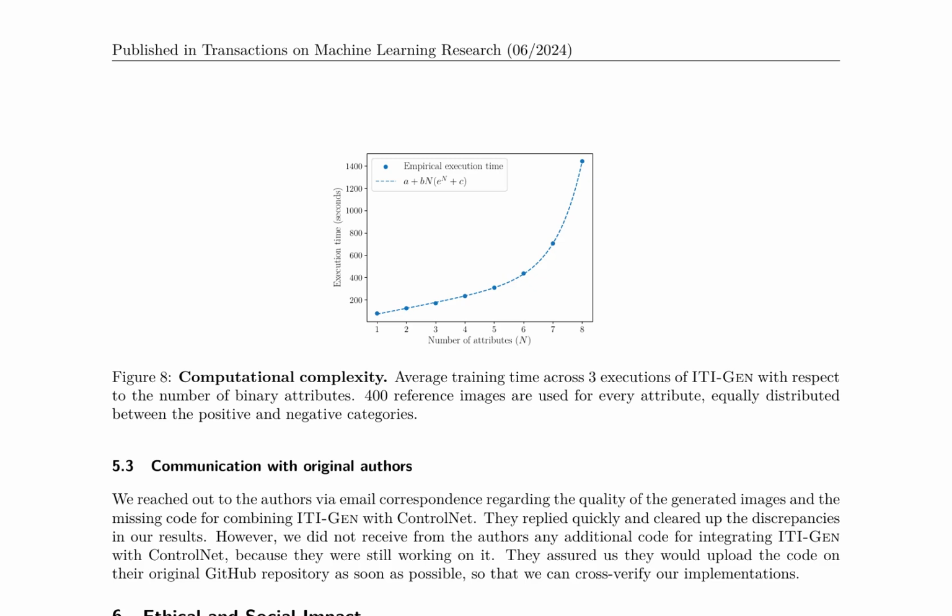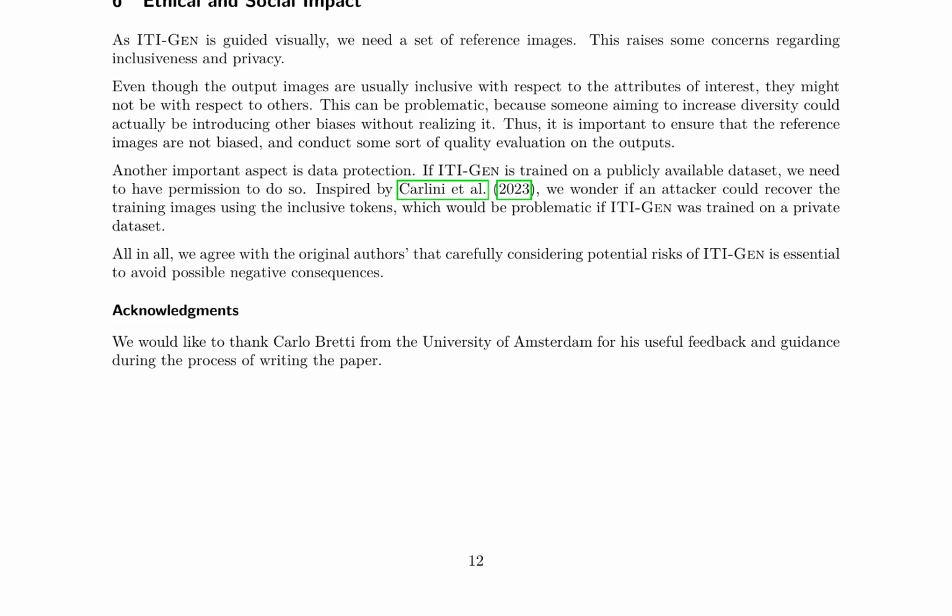The computational complexity of ITI-GEN is also discussed, with linear complexity with respect to the size of the training set, quadratic complexity with respect to the number of categories within an attribute, and exponential complexity with respect to the number of attributes. The paper questions the validity of claims made about ITI-GEN's capabilities, highlighting its limitations in scalability to multiple attributes, requiring exponential training time and often failing to disentangle certain attributes.